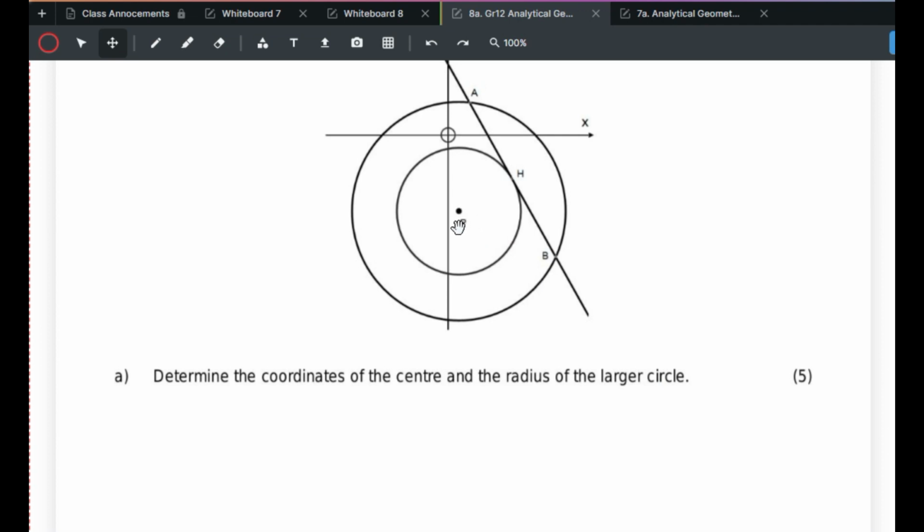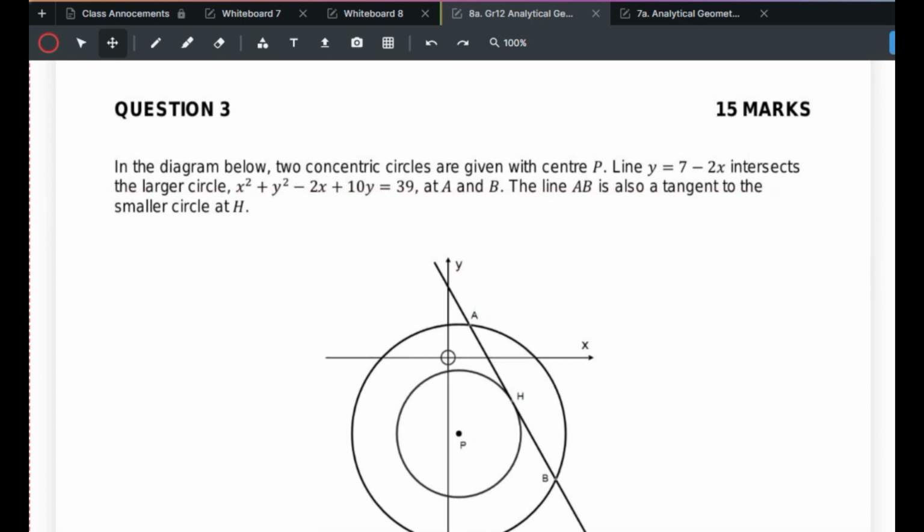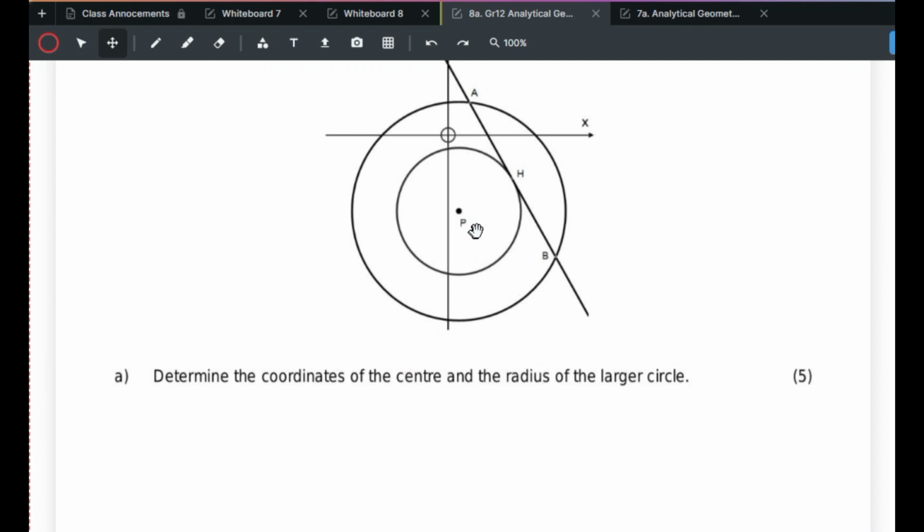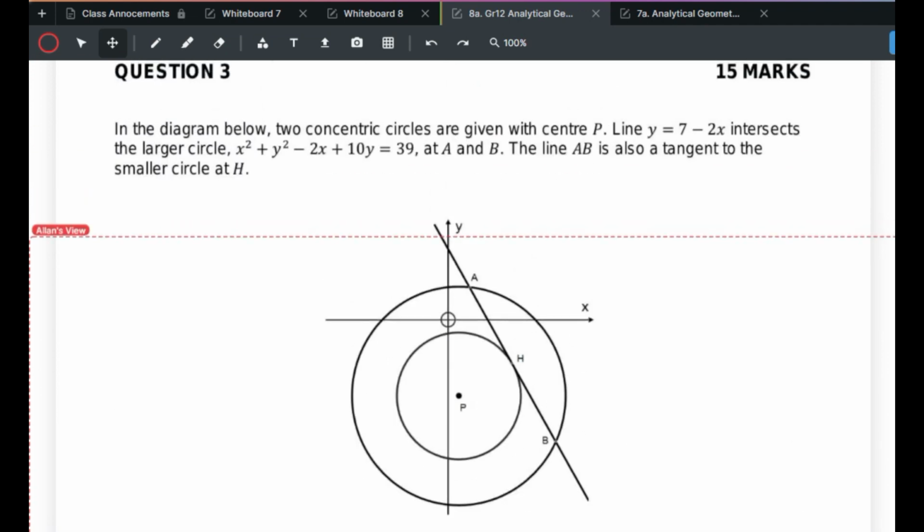Since they are concentric, they will both have the same center, but they'll obviously have different radii because the distance to one circumference is shorter than the distance to the other. So for this particular question, let's start with the center.